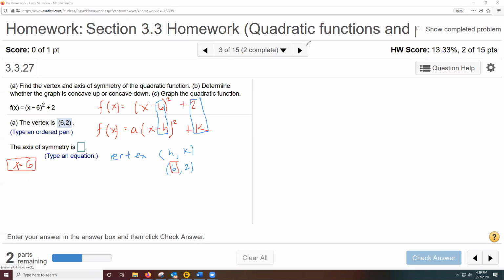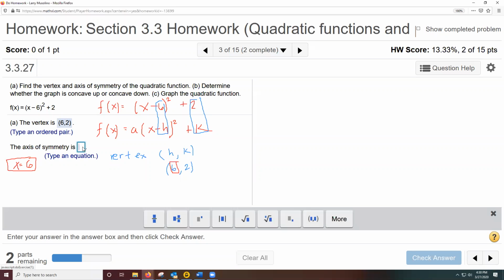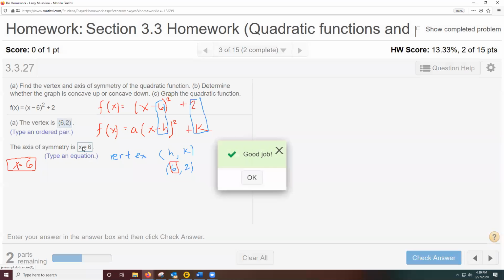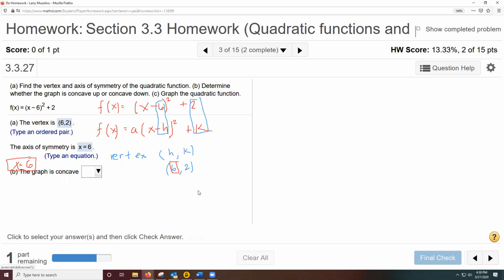All right, so let me enter that as the axis of symmetry. I can't just type in 6. I have to type in an equation, so I have to type it as x equals 6. Okay. Now I want to know, is the graph concave down or concave up? Well, to answer that, I've got to look at this a quantity.